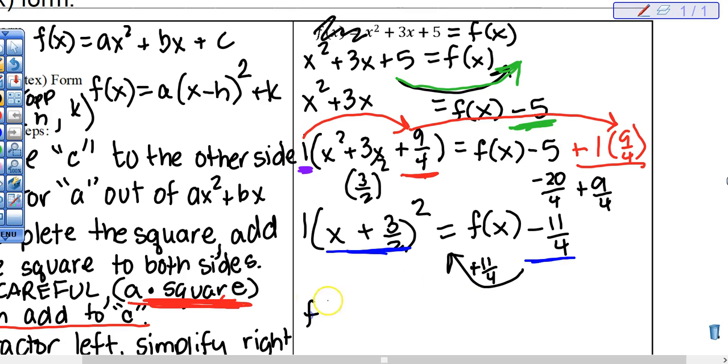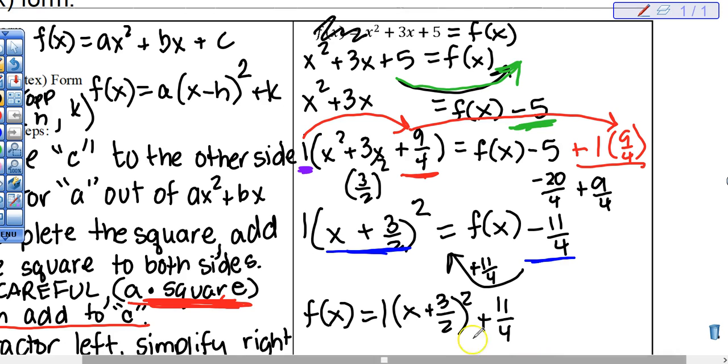So we get f of x equals 1 times x plus 3/2 quantity squared plus 11/4. And the 1 is redundant in the situation, but I'm not going to change my notes. What's the vertex? Because that's the last step.